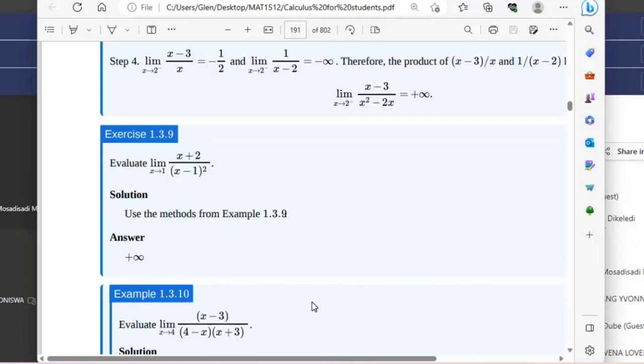In this case, we are saying x is approaching 4 from the left. Okay. Yes. Give me any number. I'm trying to simplify it, but Vuyo explained it far better.